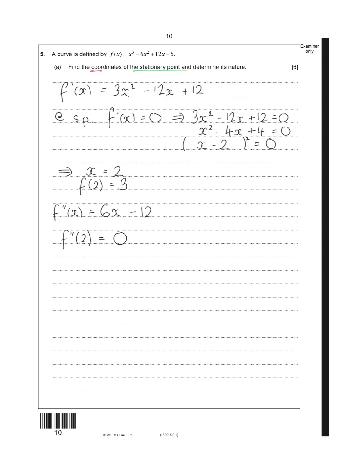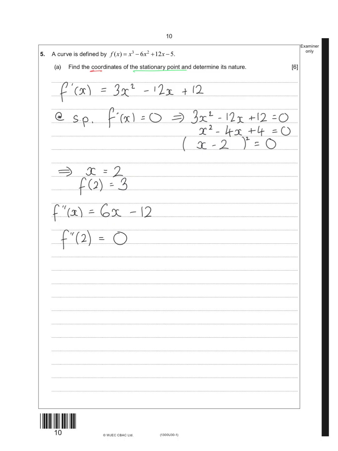Okay, and so what I would say is, since there is a change in concavity, x equals 2 is a point of inflection.